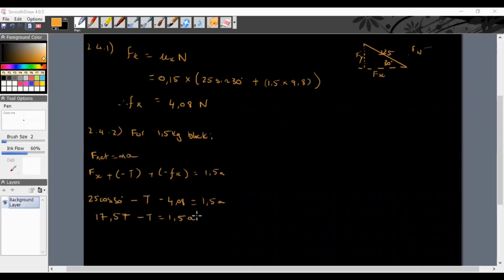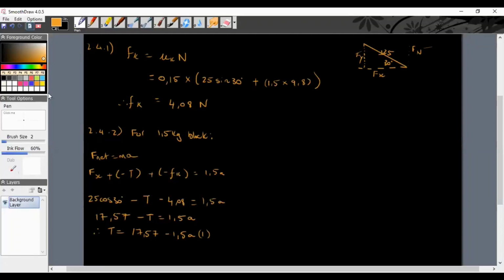So what we want to do is solve for tension. Therefore tension is equal to, because tension goes on the other side, 17.57 minus 1.5A. And you can maybe save that as your equation 1.